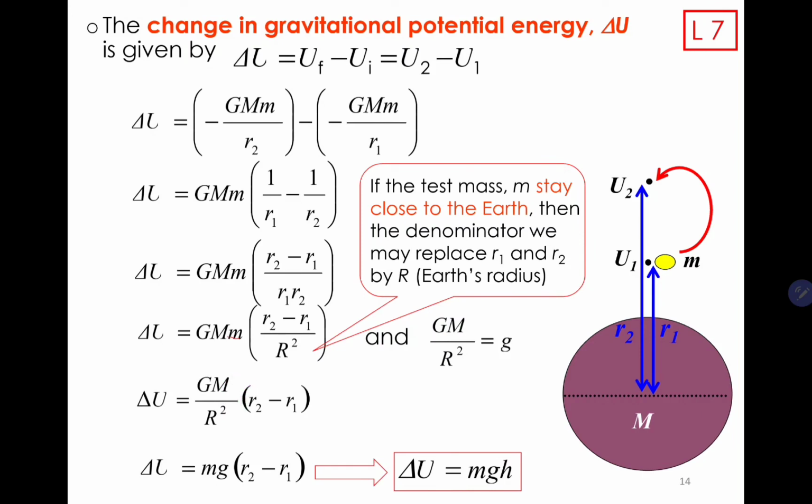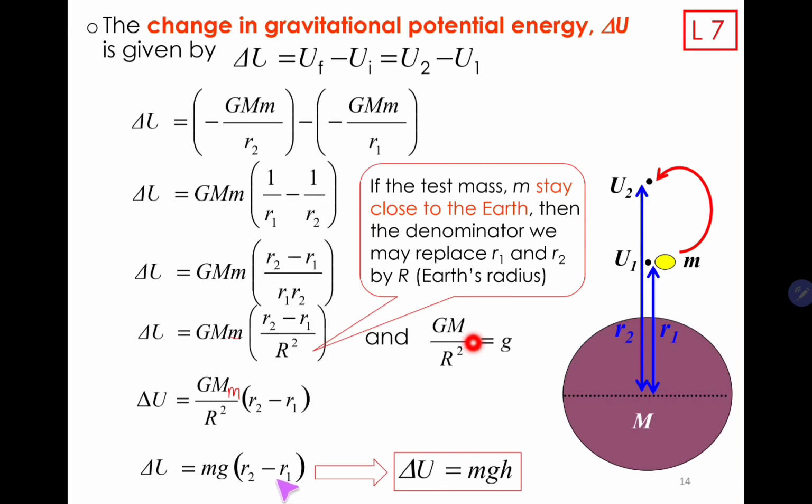I think something is missing here: GM over R squared, m is missing. We have another m here, and then R2 minus R1. So GM over R squared now gives you g, the gravitational acceleration, multiplied by m, and then multiplied by R2 minus R1.